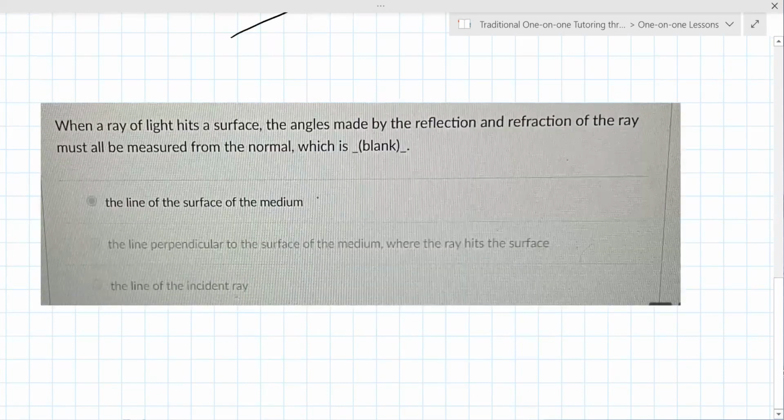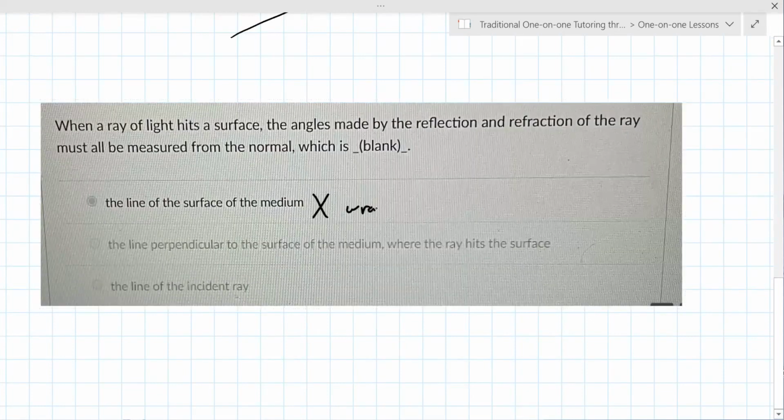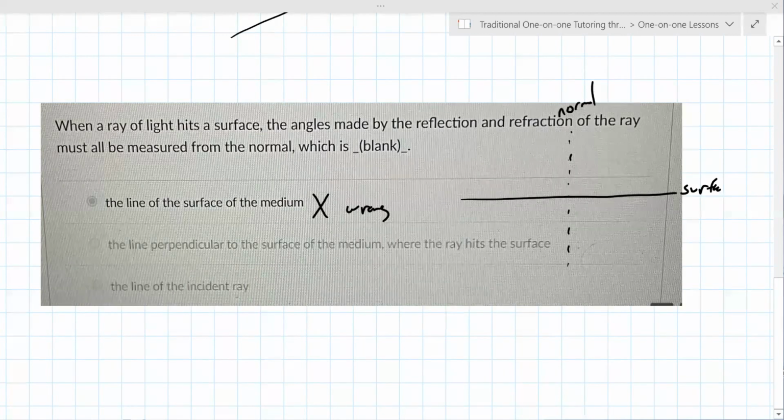This was apparently wrong. This one here, there's two lines. There is this normal to the surface. So there's the surface, and then there's the normal to the surface. And I guess because I didn't look at a textbook, the angle is made with respect to the normal here.